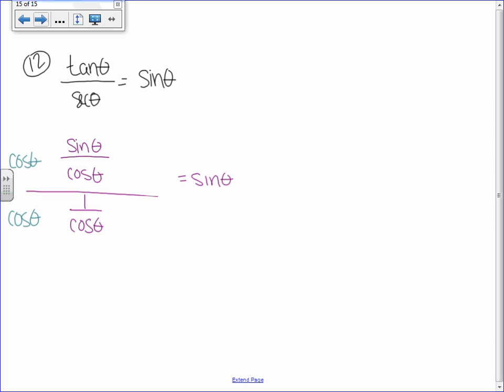Multiplying by cosine theta over cosine theta is multiplying by 1, so I'm just changing how the left side looks. I'm not changing the value of anything. And that's nice because here my baby fractions cancel, but it also cancels in the bottom. So I'm left with sine theta over 1, and sine theta over 1 is just sine theta. So we are done with the trig identity proofs. Woohoo!